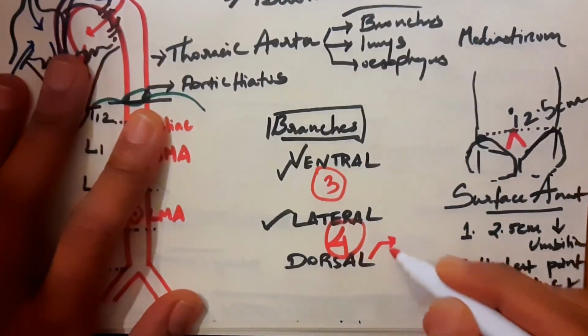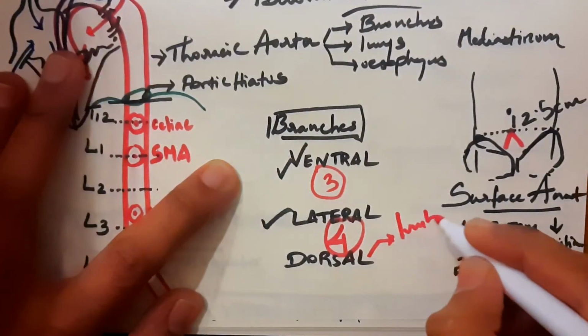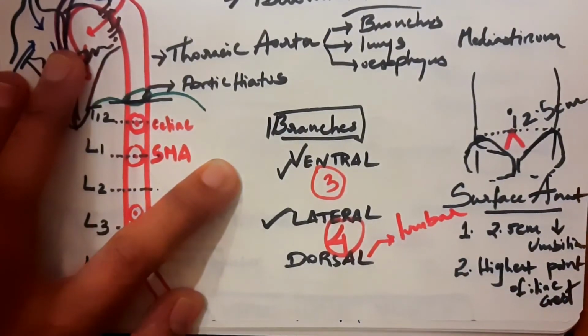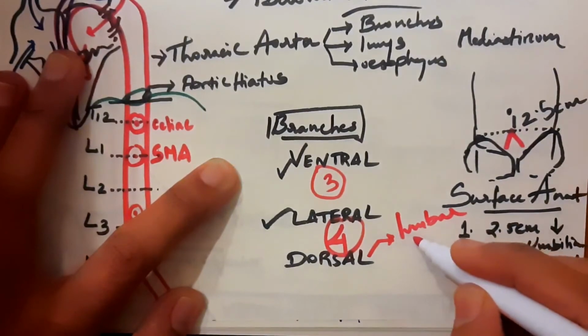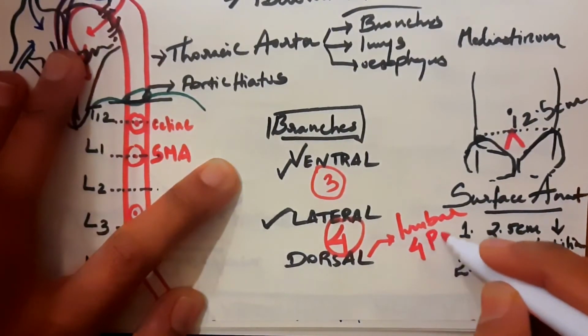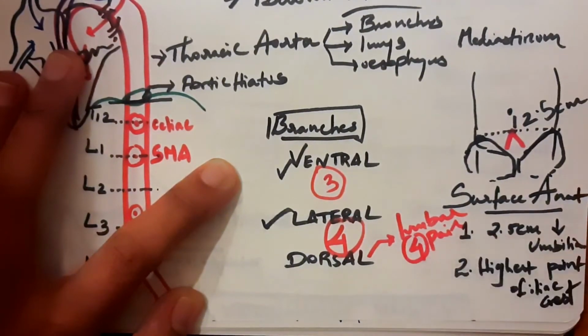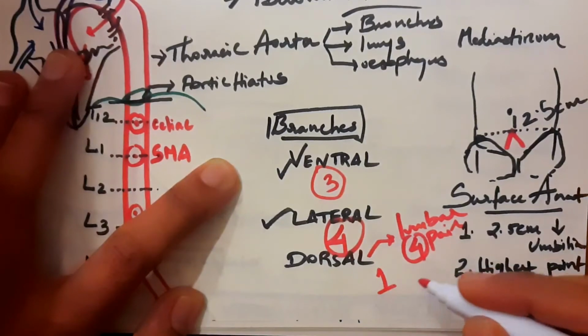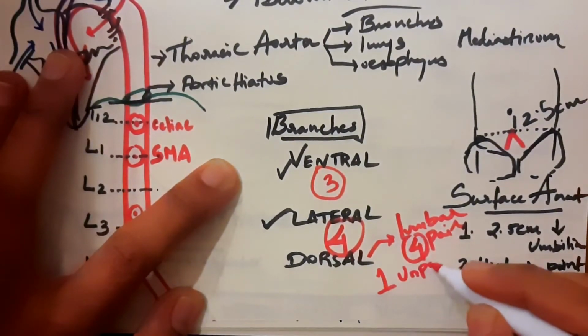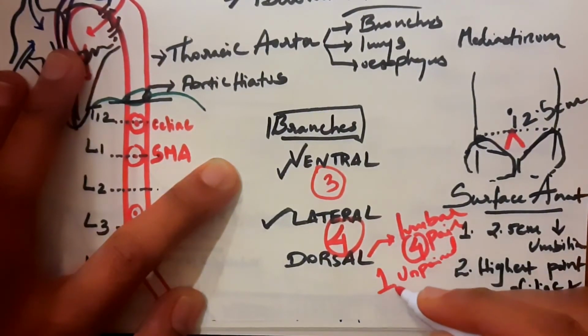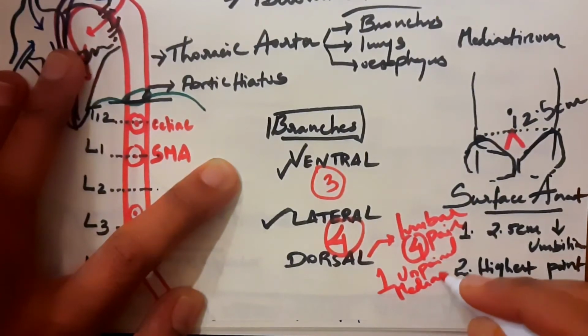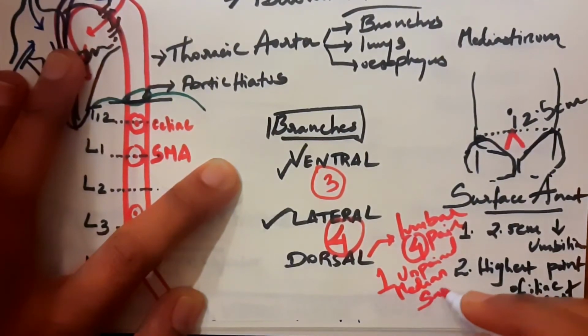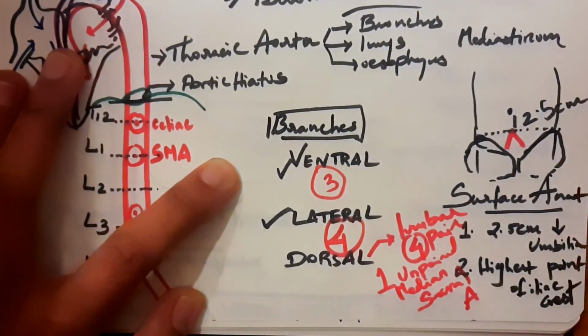Moving on to the dorsal branch, we have lumbar arteries, 4 paired lumbar arteries and 1 unpaired median sacral artery. Sorry for the handwriting.